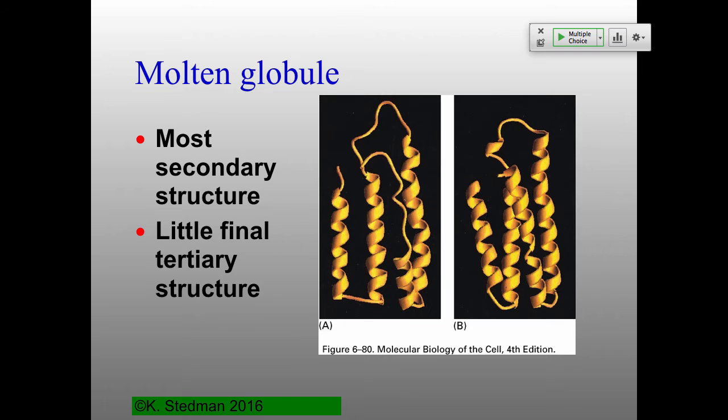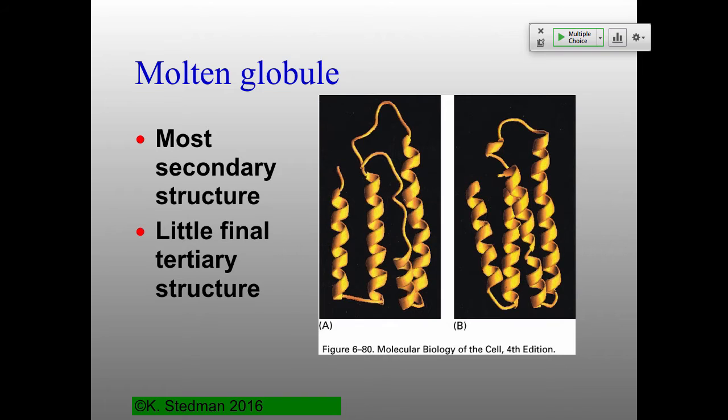Basically, a molten globule is a form of your protein that has most of the secondary structure, but very little of your tertiary structure. And remember, tertiary structure has to do with all the side chains interacting with each other, whereas the secondary structure is all about the backbone, the atoms that you have in every single amino acid interacting with each other.